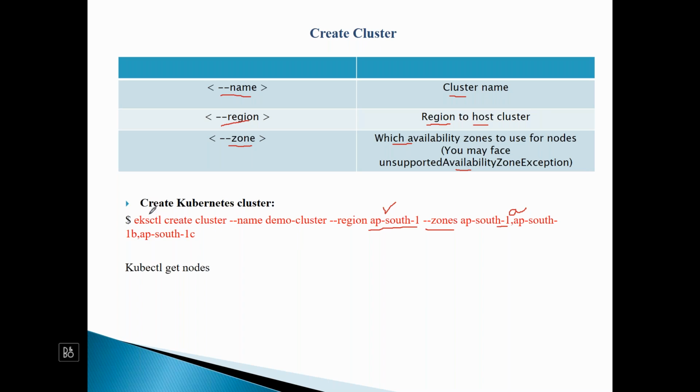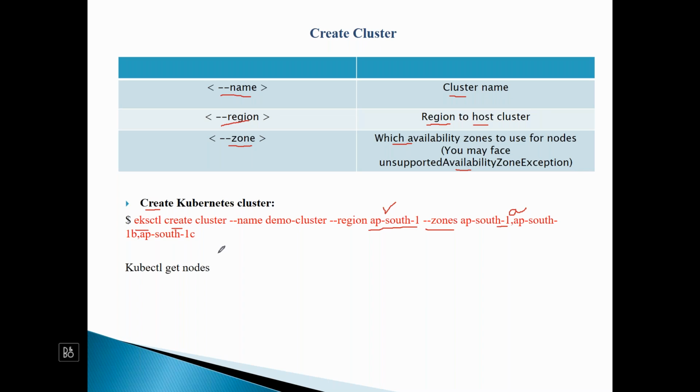So if everything is fine from your infrastructure side, then you can create a cluster. With the help of the eksctl command, you can create a cluster. You can create with this utility, or you can delete a cluster with the same command line utility. eksctl create for create and delete for delete cluster.